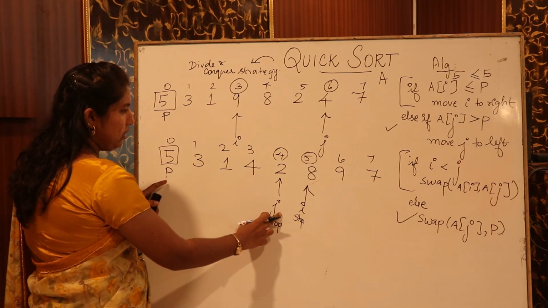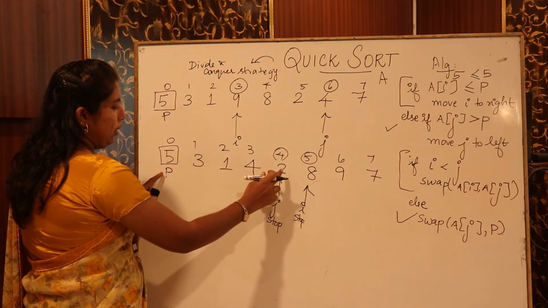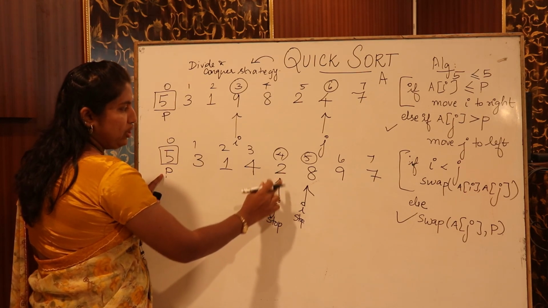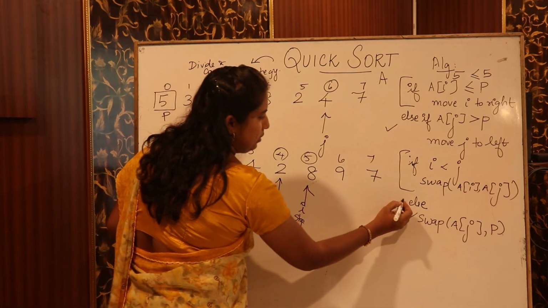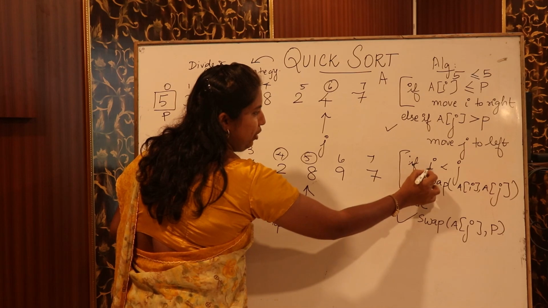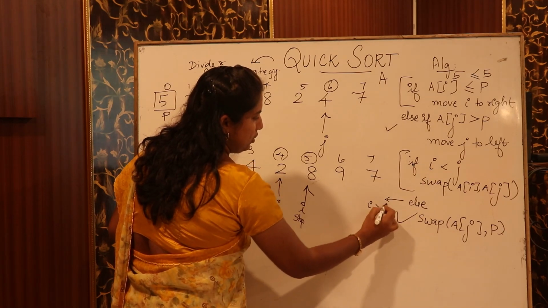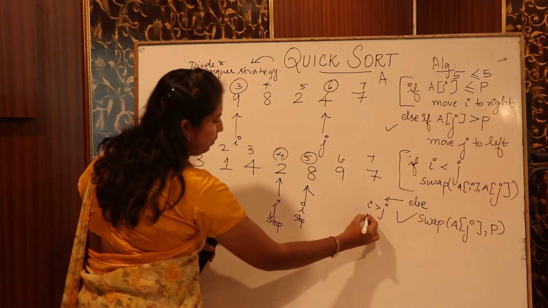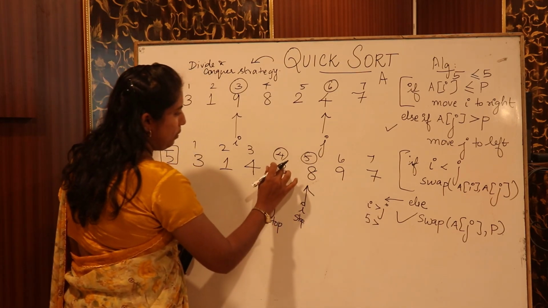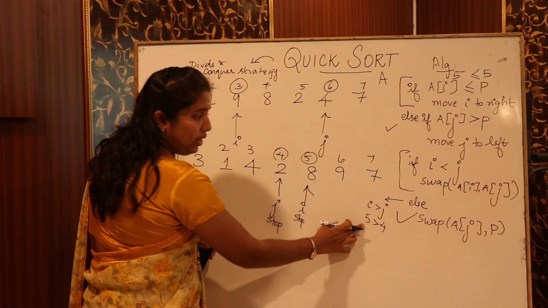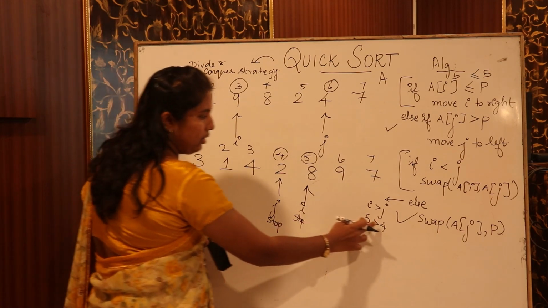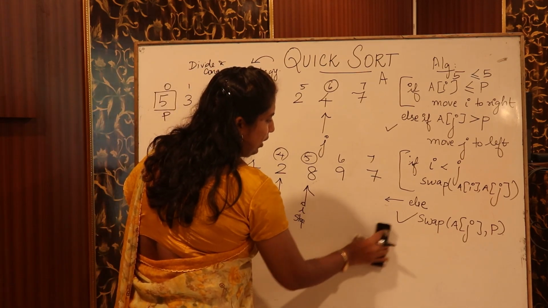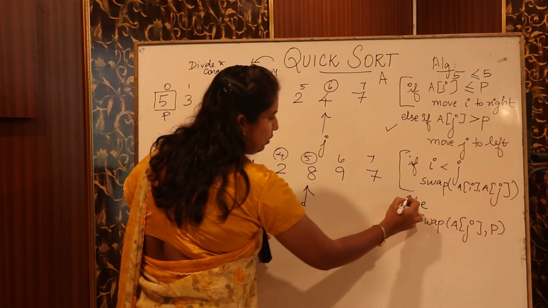Okay, so what happens here is that we are going to check the index values, which means the else refers to I greater than j. Check the index now. What is the ith index value? 5. What is the jth index value? 4. So here the ith index value is greater than 4. So we have to execute this statement.